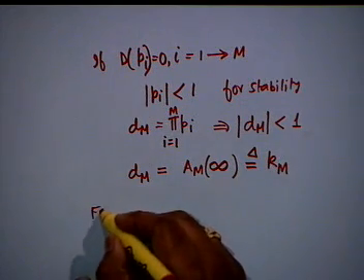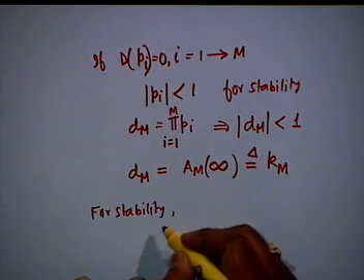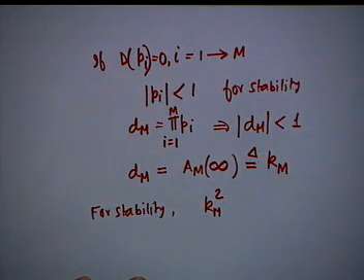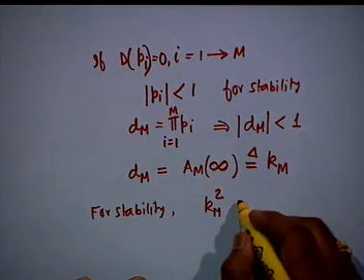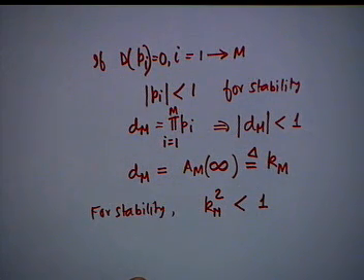So, for stability therefore, k_m squared, d_m is a real quantity, positive or negative, but its square is a positive quantity, that must be less than 1. Is this a sufficient condition or necessary condition?